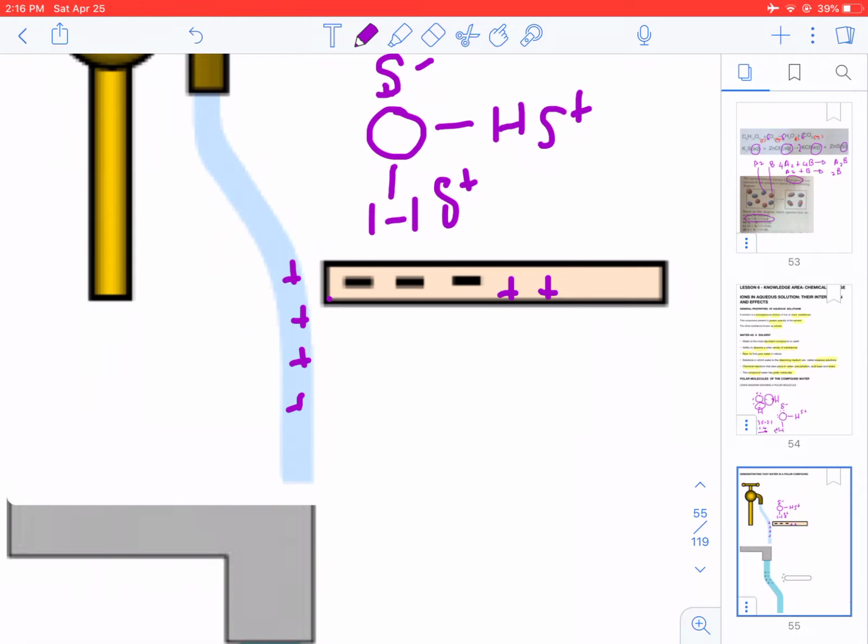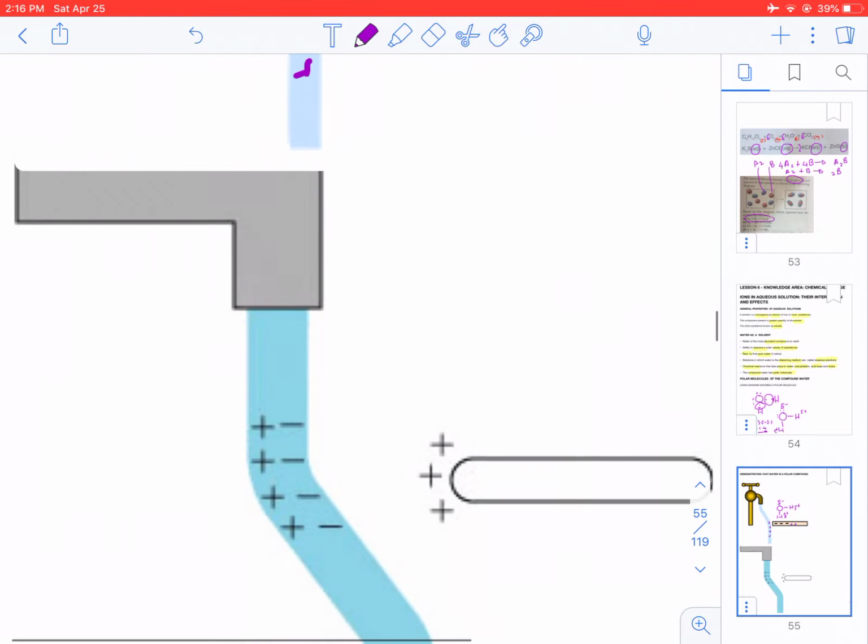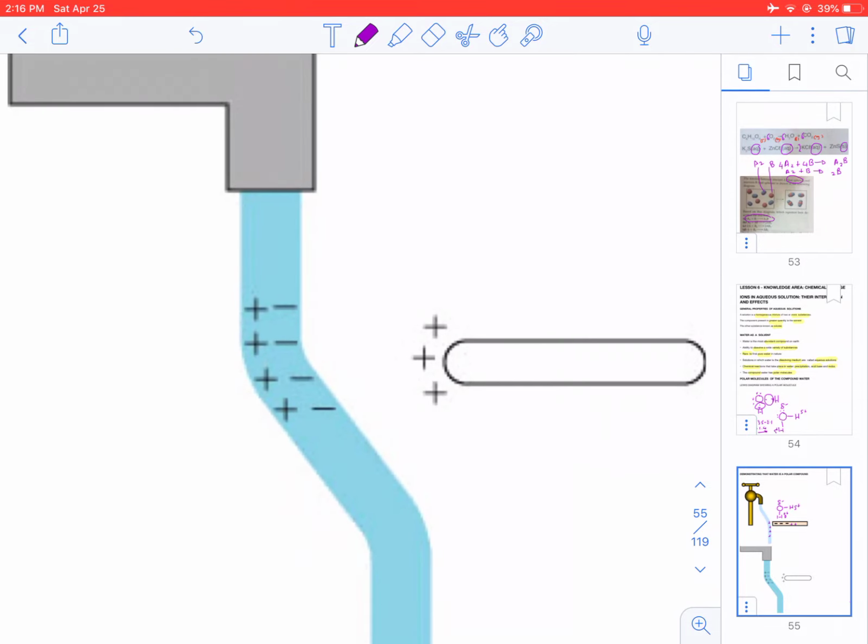Let's look at the next one. If we look at this one here, again you've got water running through, and this time you've got a rod that is positively charged. We know that it has negative charges too, only there are more positive than negative charges, so we say that the rod is positively charged.